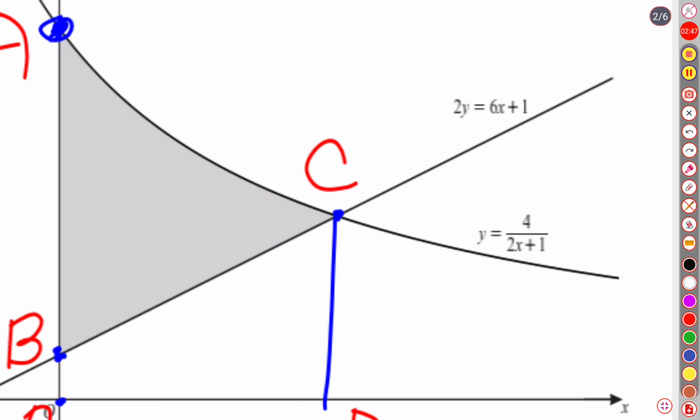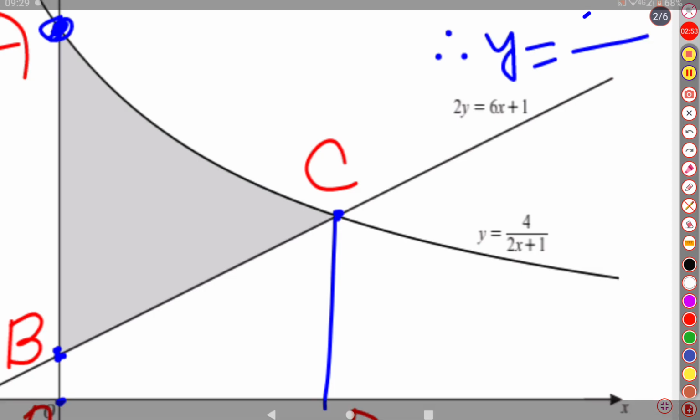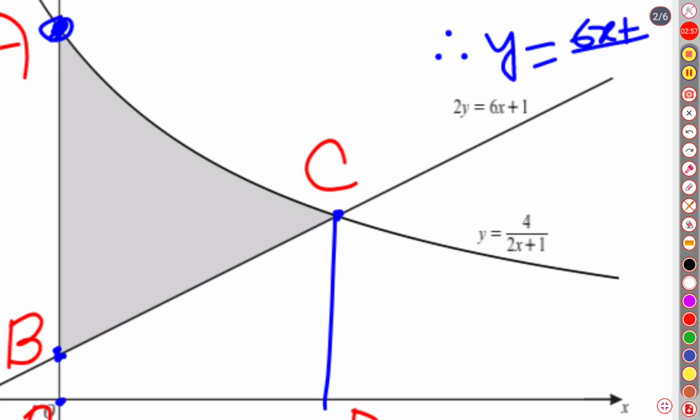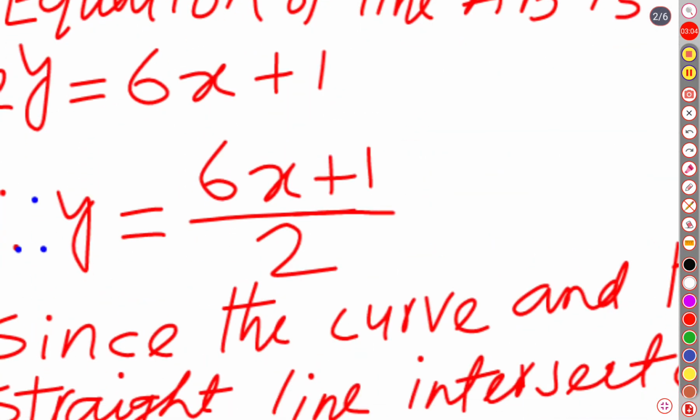Hence, y equal to, if 2 is transposed to the other side, 6x plus 1 over 2. Just the same thing I have written over here. So y is equal to 6x plus 1 over 2. This is one of our equations. You can term it as equation 1.